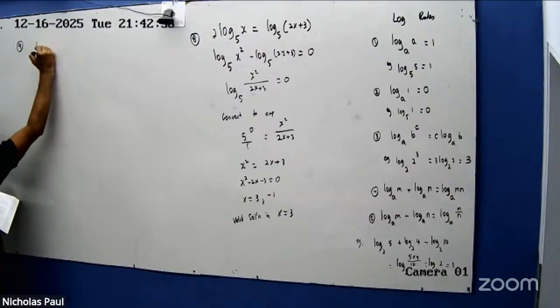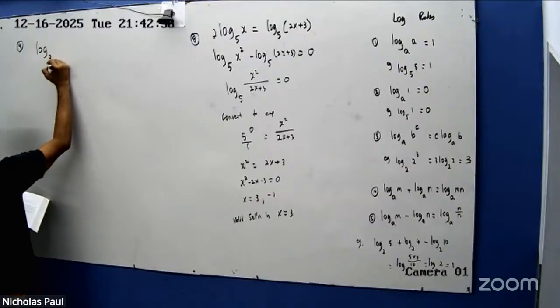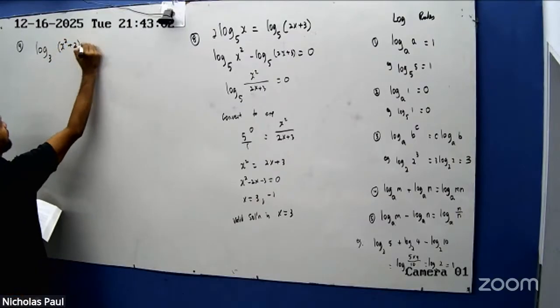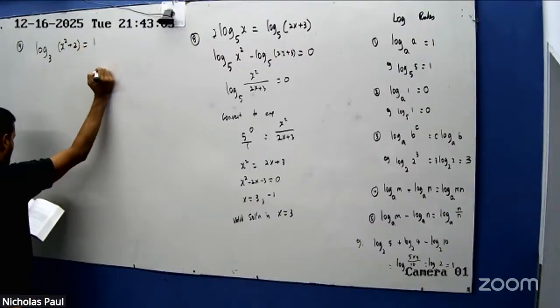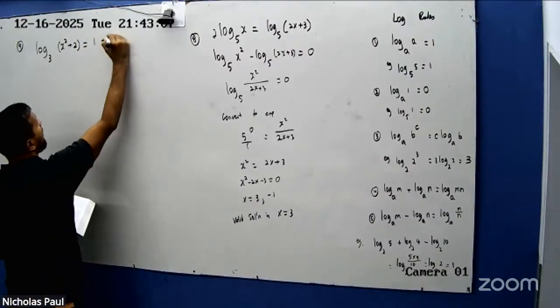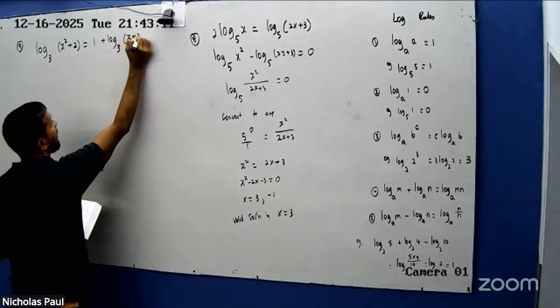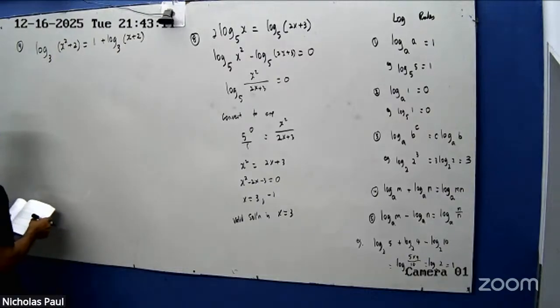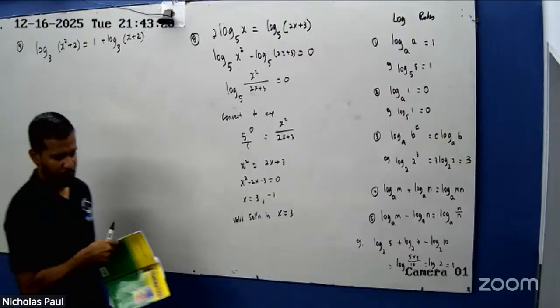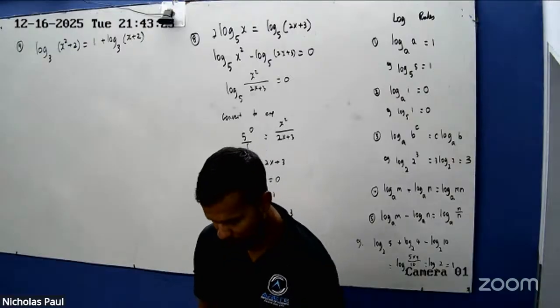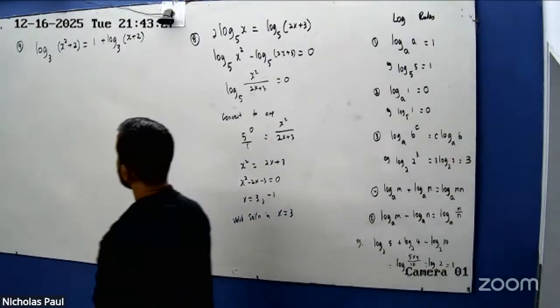Let's change it slightly. Same rules apply, right? Log to the base 3 of x squared plus 2 is equal to 1 plus log to the base 3 of x plus 2. Try that.